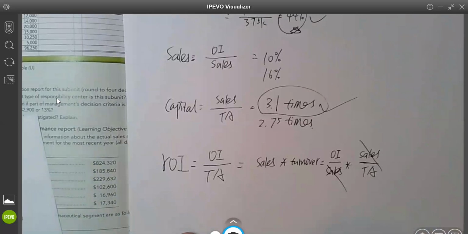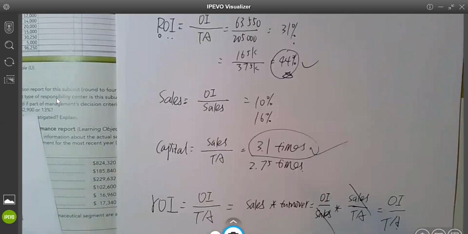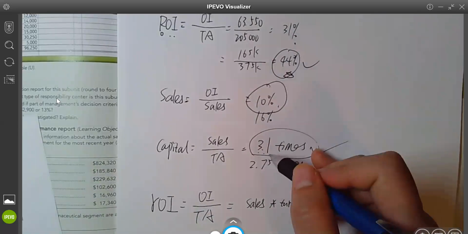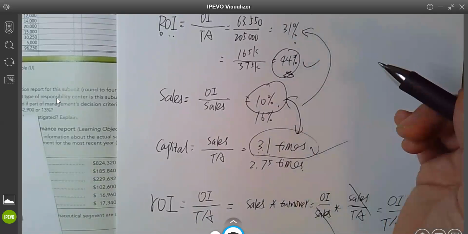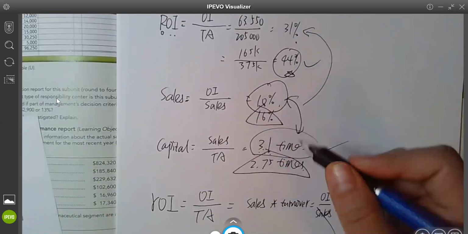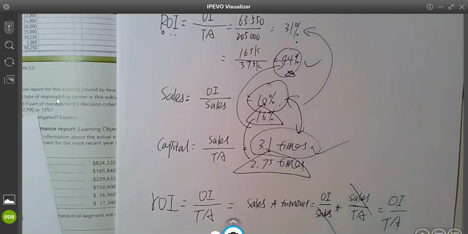So you cancel the sales, which gives you operating income divided by total assets. I don't have a calculator now, but if you do the numbers, 10% times 3.1 times will give you 31%. 16% times 2.75 times will give you 44%. So you can double check.